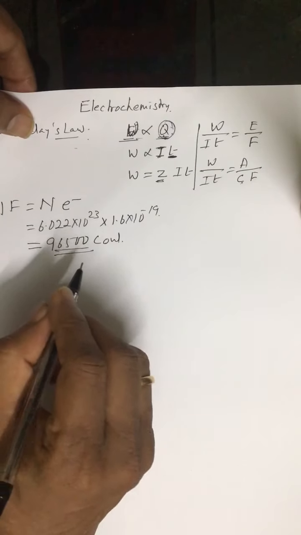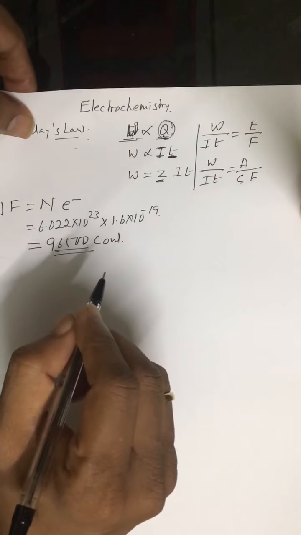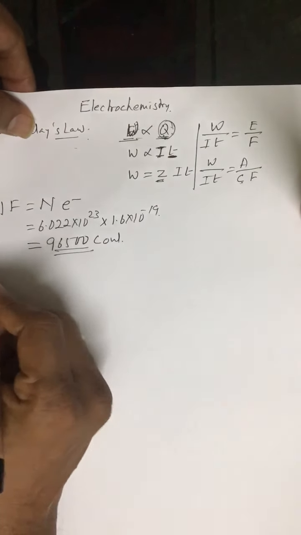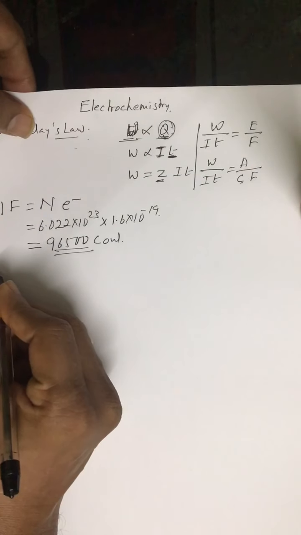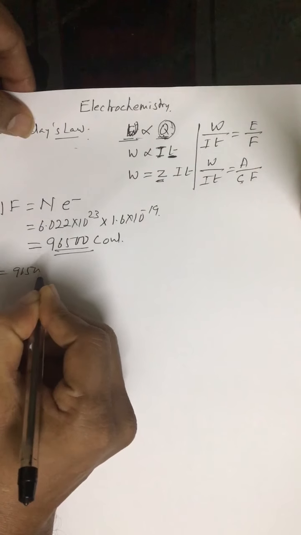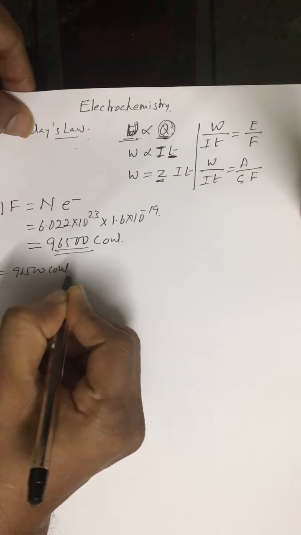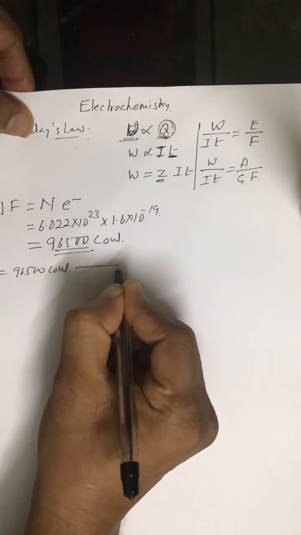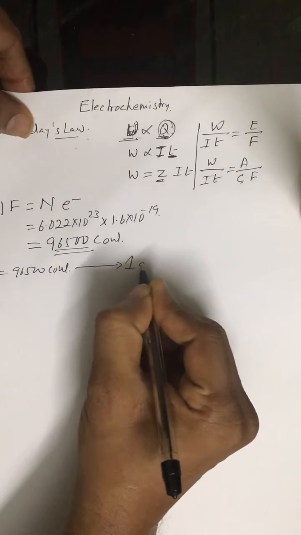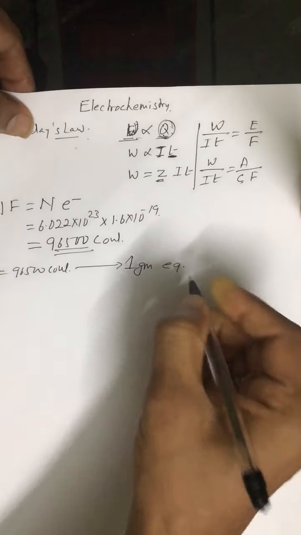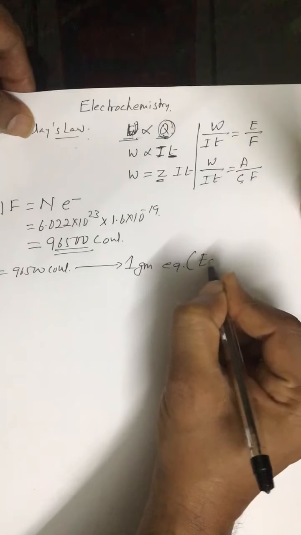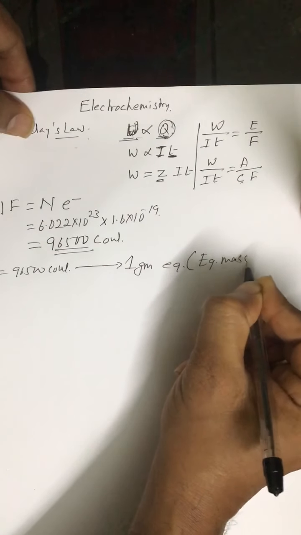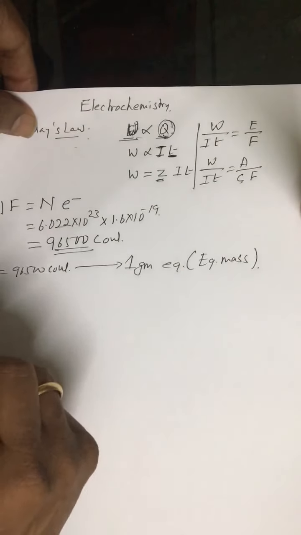This statement which I'm making is very important. 1 Faraday of charge, that is 96,500 coulomb of charge, is responsible for 1 gram equivalent of any substance. What is 1 gram equivalent? Equivalent mass of any substance.